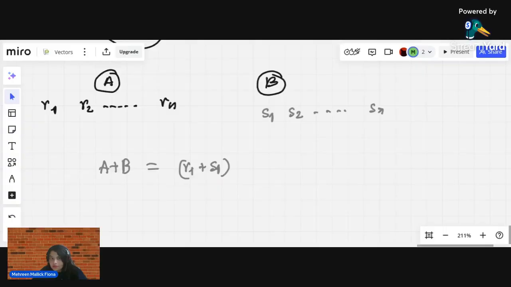Then we would simply add the second one. We would not add all of them. We would add the separate quantities, S2, and for Sn plus Rn. We would simply do that and get a certain value.